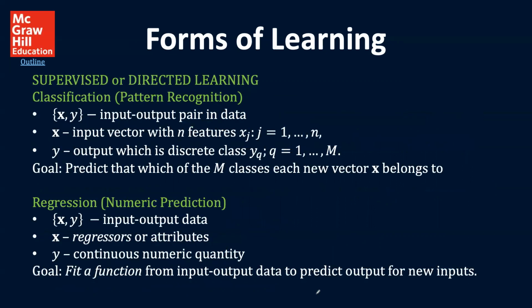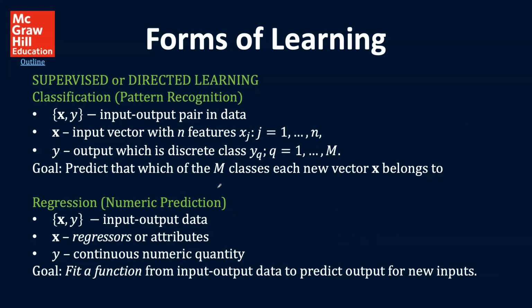Here are some more details about pattern recognition and numeric prediction for supervised learning. The goal for pattern recognition is to predict which of the M classes each new vector X belongs to. So is it an A? Is it a B?